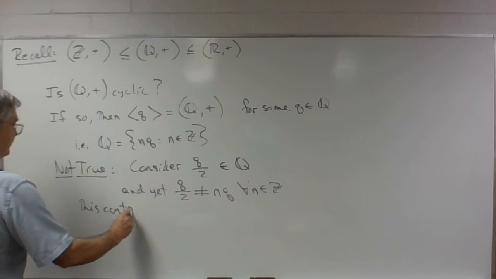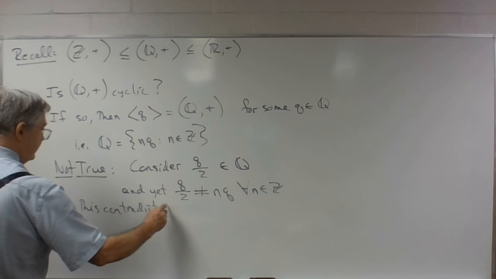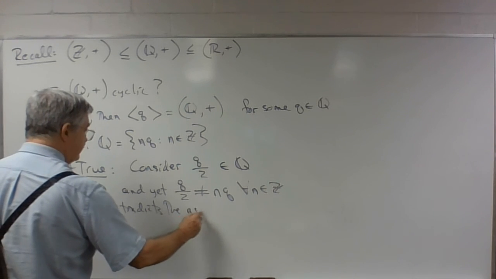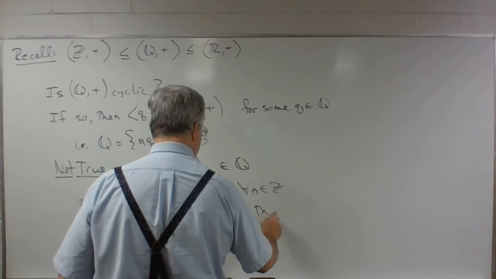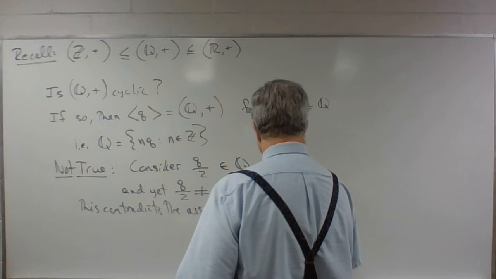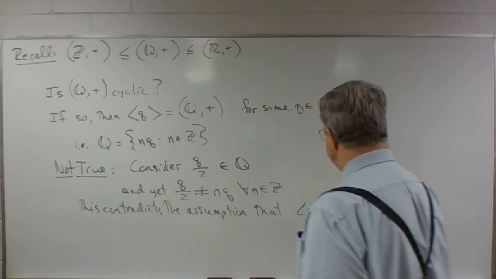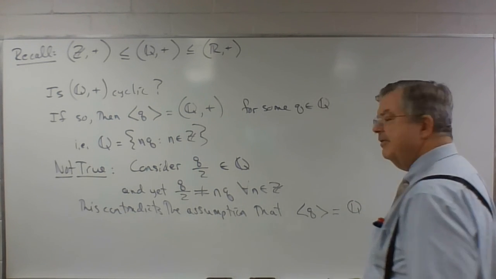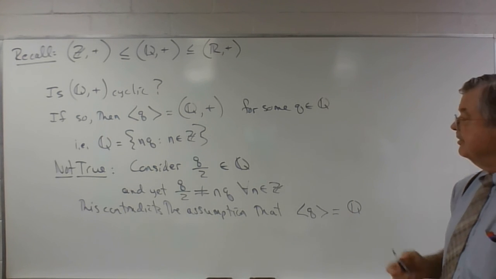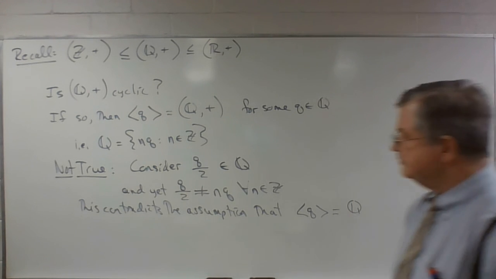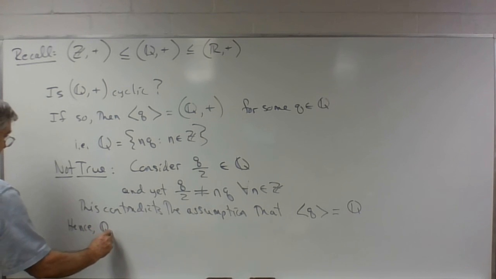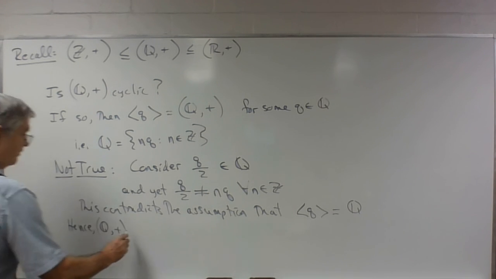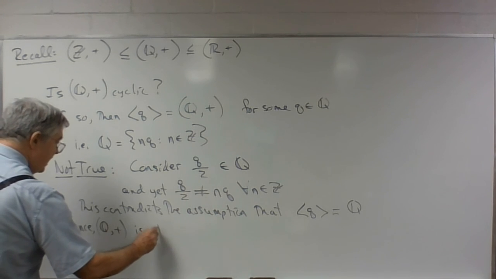This contradicts the assumption that this one rational number q generates the entire set of rational numbers. Well, we get a contradiction. Hence, the set of rational numbers under addition is not cyclic.